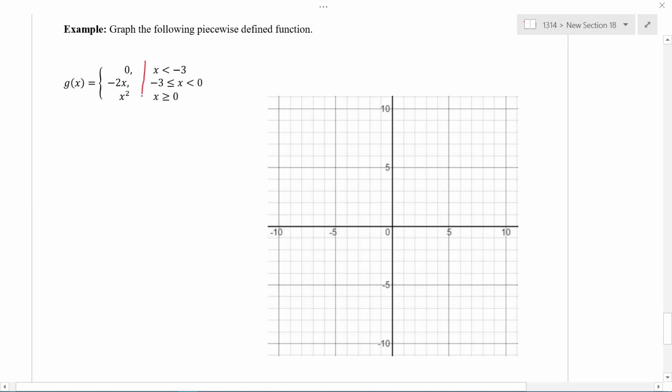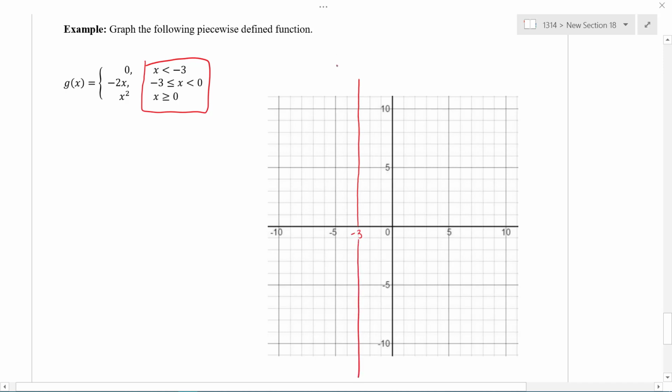When we look in the restrictions, we actually see 2 different x values that are included, 2 different numbers that are included in all of those inequality restrictions. I see -3, so I'm going to draw a vertical line starting at -3 on that x-axis.